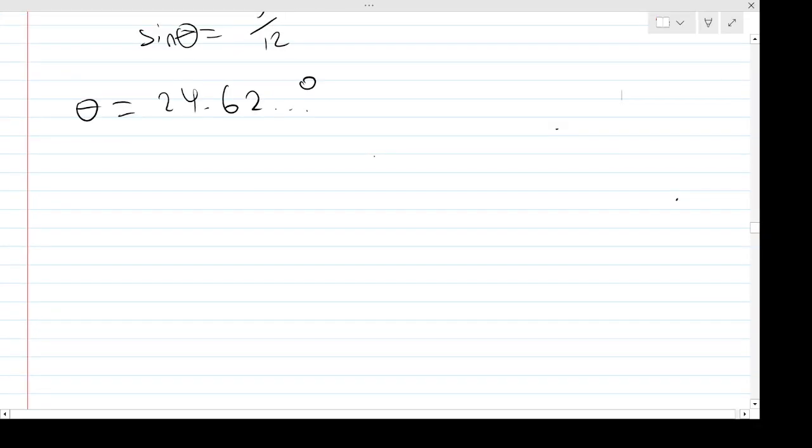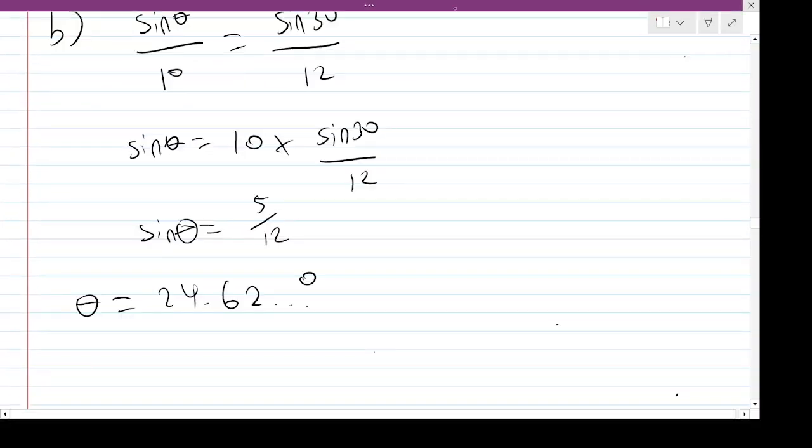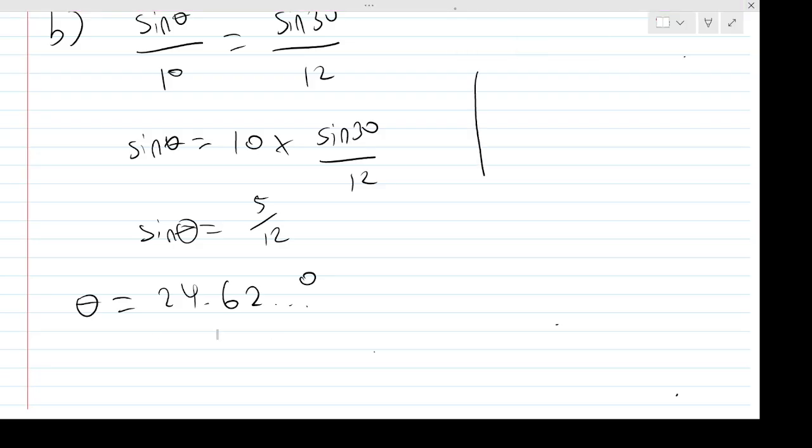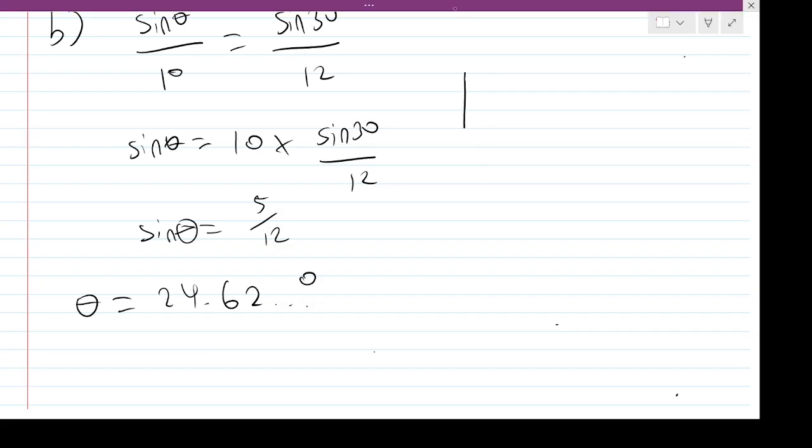Okay, so we got that angle, but then again, of course, we need to consider another possible angle in this case, by using the ambiguous case. So to work out the other angle, it helps us consider the sine curve, because we know one solution is this, right?